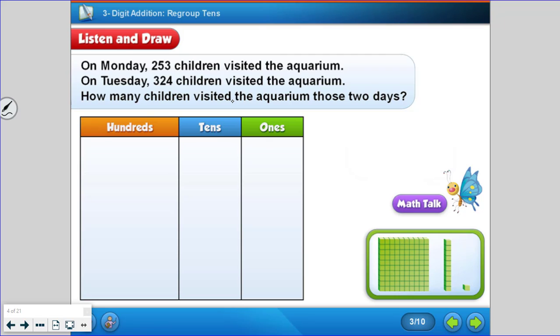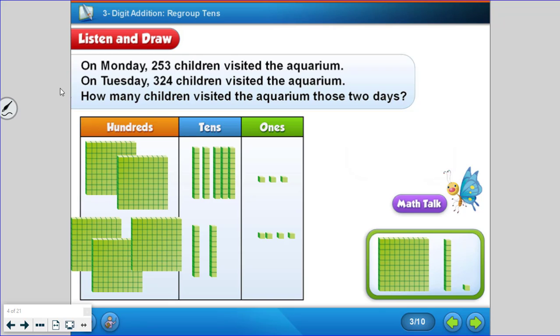Alright, so here's what I came up with for my base 10 blocks. Okay, so for the top one, on Monday, 253 children visited the aquarium. On Tuesday, 324 children visited the aquarium. How many children visited the aquarium those 2 days? Well, if you add it all up, you end up with, I'm going to write it out over here.